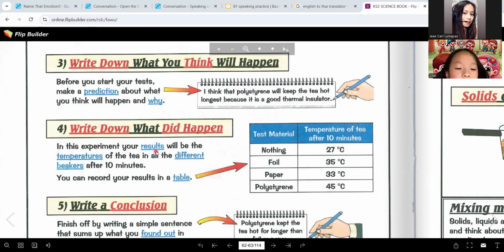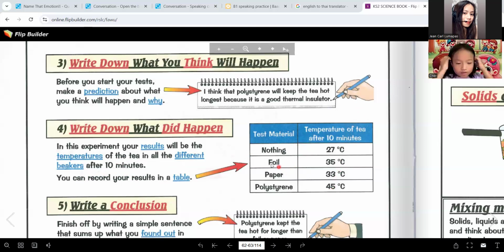Your results will be the temperatures of the tea in all the different beakers after 10 minutes. So you can record your results in the table. You will write all the materials here and then the temperature of the tea after 10 minutes.